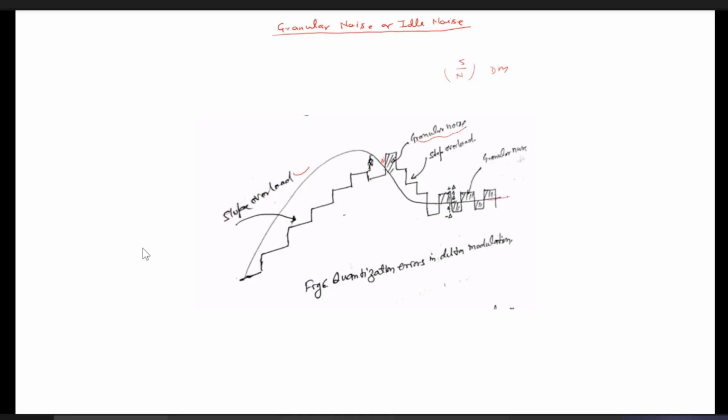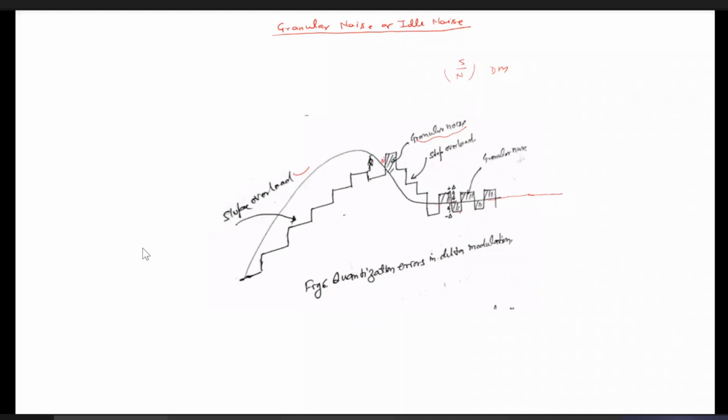Noise arises in this case also, when the message signal varies very slowly, because in this region you can see the message signal varies by a very small amount in amplitude. When the message signal varies very slowly, if at this point the staircase function is approximated and the message signal is slightly more than that, it goes up by the amount of delta. At this point it becomes slightly less than the staircase function, so it goes minus delta.